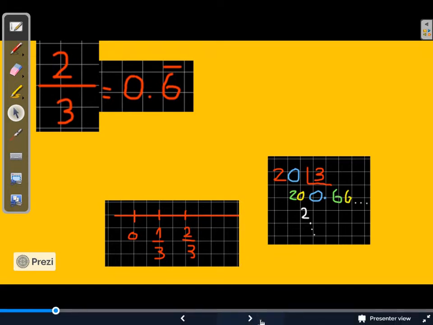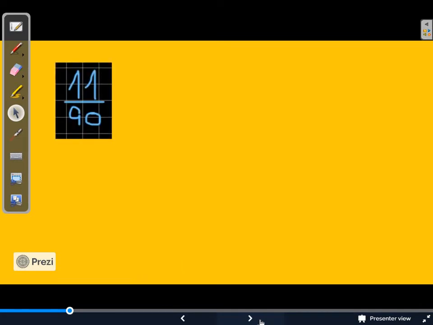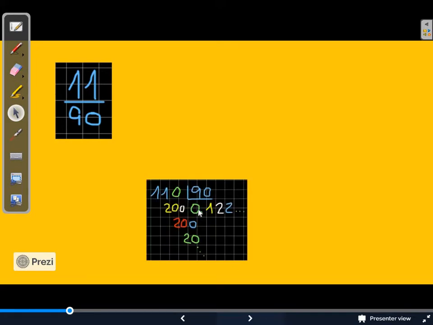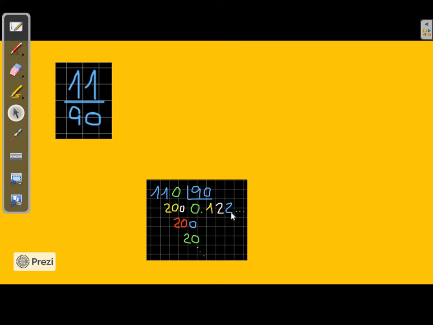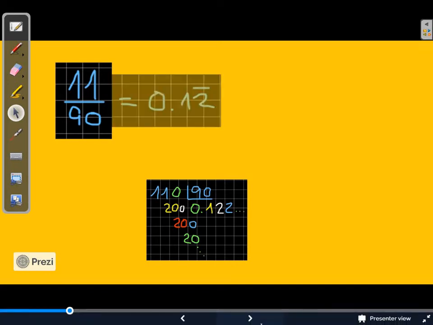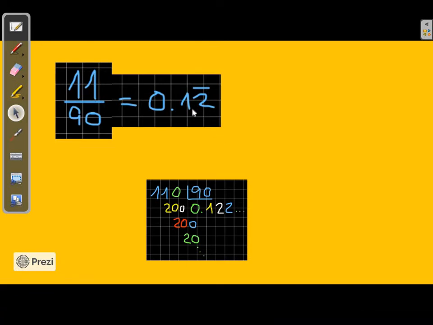There is also another kind of rational number, a little more complicated. Here we have the example of 11/90. If we make the division, we will find that it's equal to 0.1 finite and then lots of 2s, infinite 2s. So 11/90 is equal to 0.1 followed by infinite 2s. In the decimal part we have a finite number, which is 1, and a 2, which is infinite.